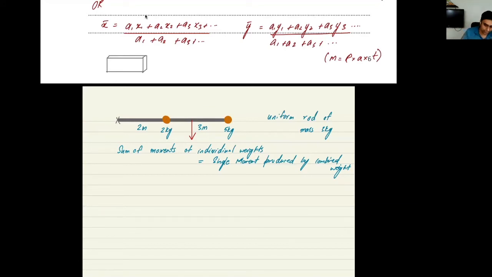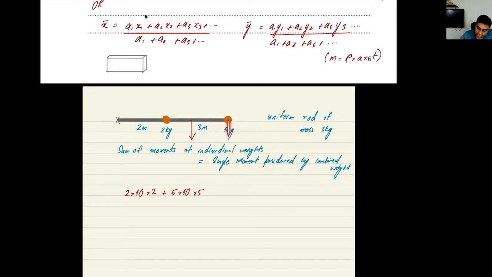So I would say that 2 times 10, that is the weight of 2 kg mass, times 2, that is the moment arm of 2 kg mass, plus 5 times 10 times 5.